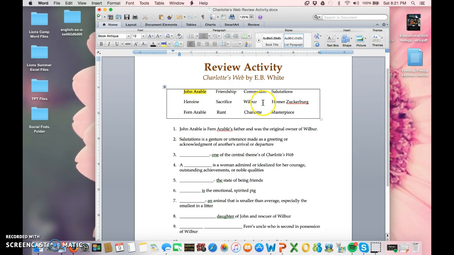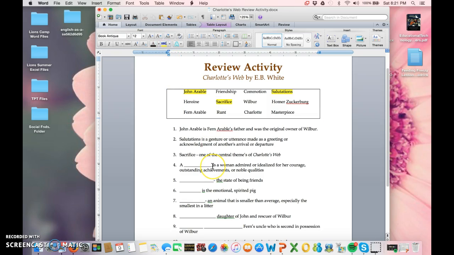Okay. All right, number 3. Blank, one of the central themes of Charlotte's Web. Sacrifice. Correct. Okay. Well, let me highlight it really quick.